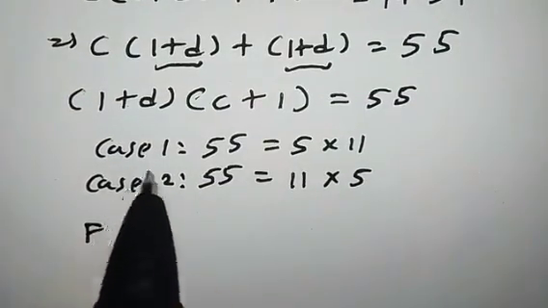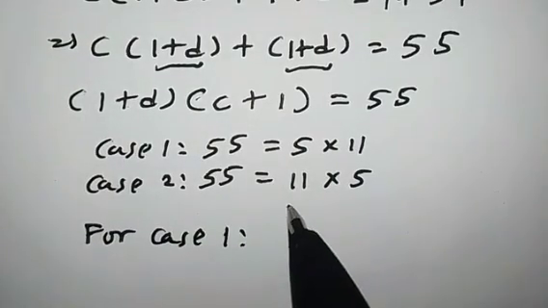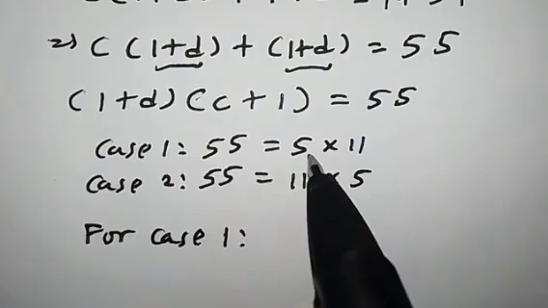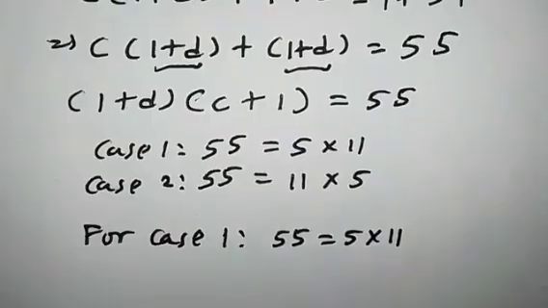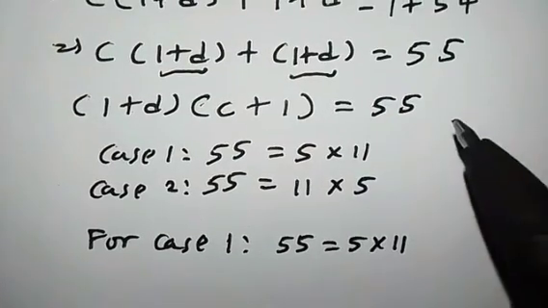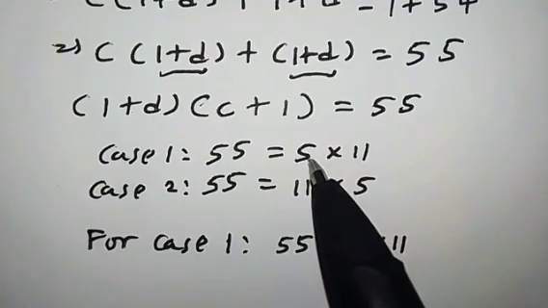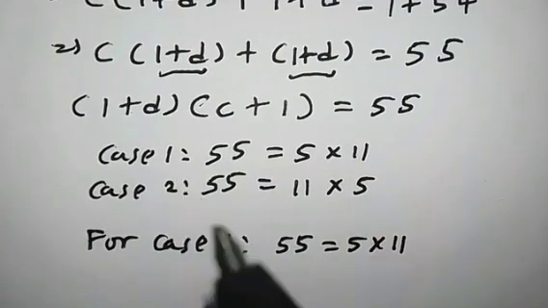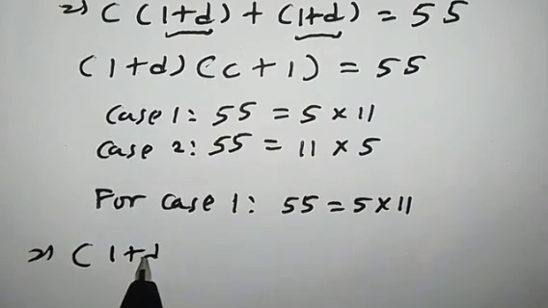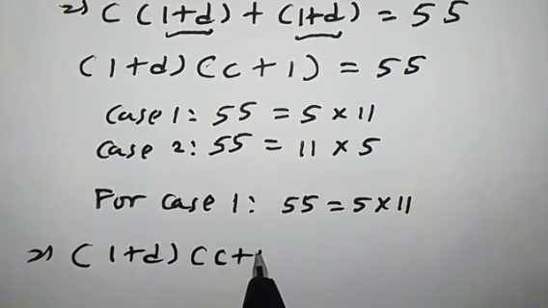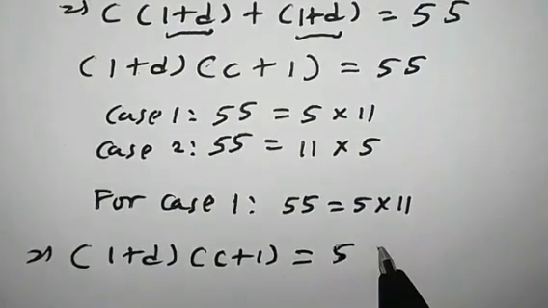Now, considering case 1, we have 55 equals 5 times 11. So that means we have to replace this 55 with 5 times 11. So we have 1 plus D times C plus 1 equal to 5 times 11.